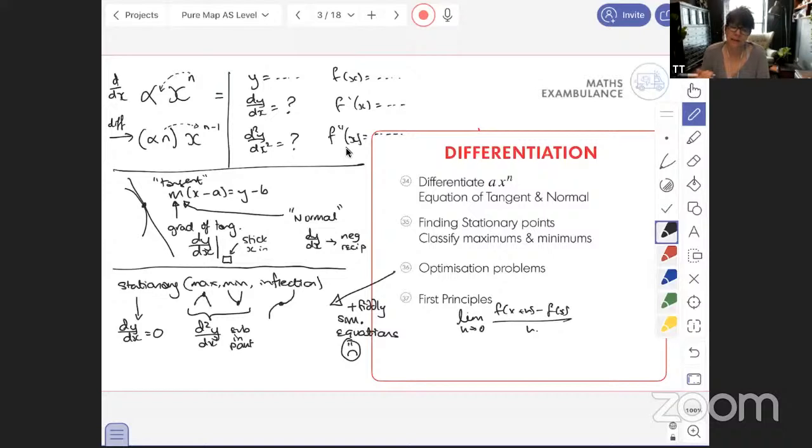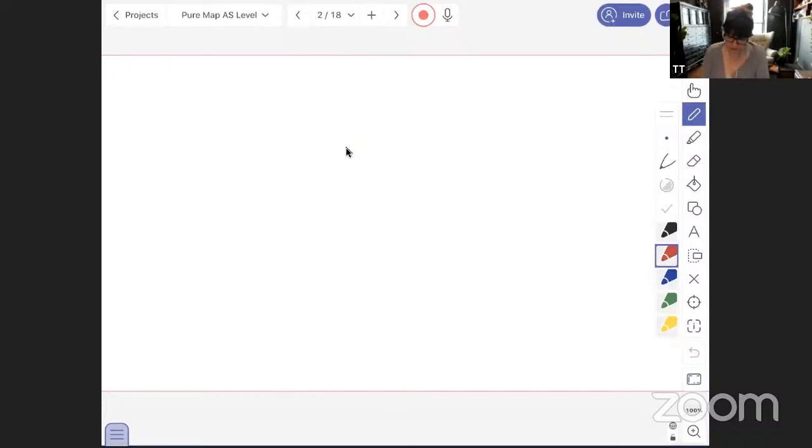We're sticking it in, and it's a way of proving that the derivative is pull the number down and take one off. Like we know the derivative of x cubed is 3x squared. Why is it? Using first principles, it actually proves that the derivative, or the gradient of the tangent, of the function x cubed at a particular point is 3x squared. So that needs learning.